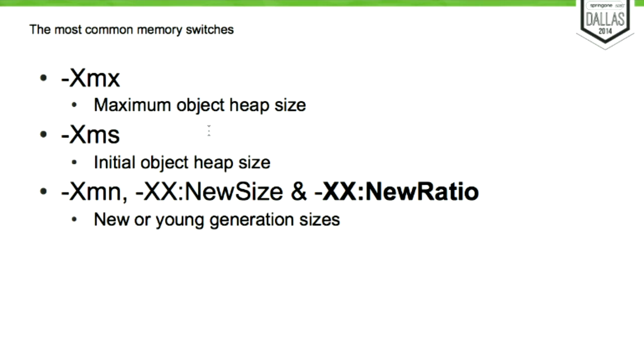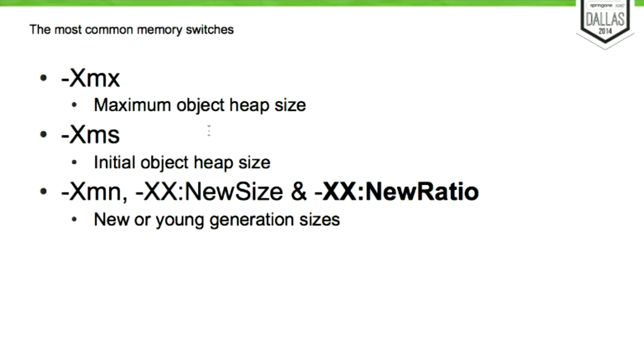But I tend to prefer using the new ratio. It's more explicit to say that the new ratio is by default a ratio of 1 to 7, which means that you have 1/8 of the JVM assigned by default to the young generation of the JVM.